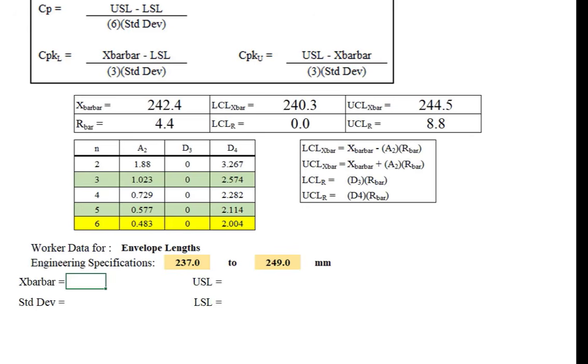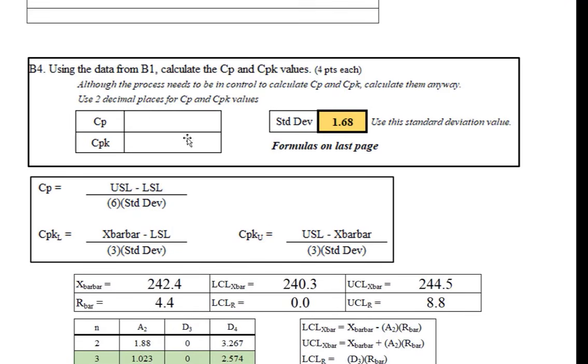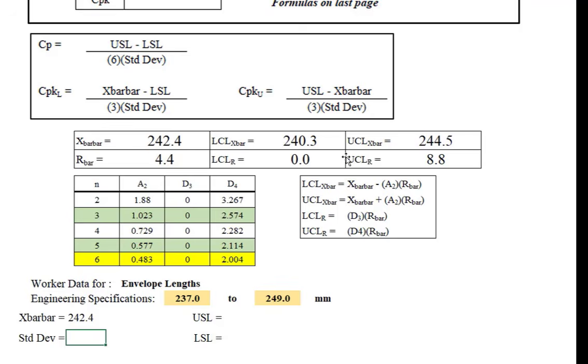So to calculate CP and CPK, we're going to need some values from B1. So let's go ahead and start with X bar bar, which we know to be 242.4. Got it. Standard deviation was given in B4 as 1.68.